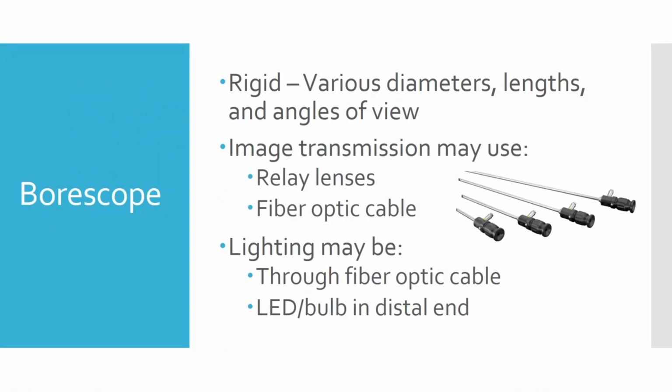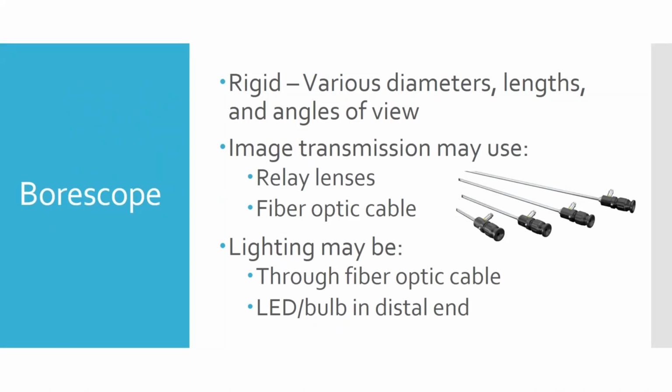Basically it's a rigid tube with lenses, prisms, or mirrors, and in some cases fiber optics as well, that relay an image from the tip, on these scopes the left end, to an eyepiece at the opposite end. That tip can be inserted into an area where we don't have easy direct access, and then we can examine what's going on inside.